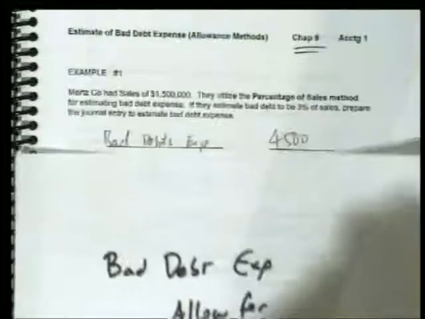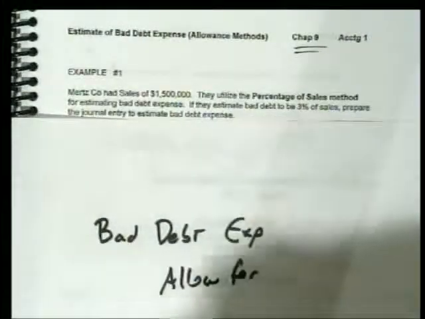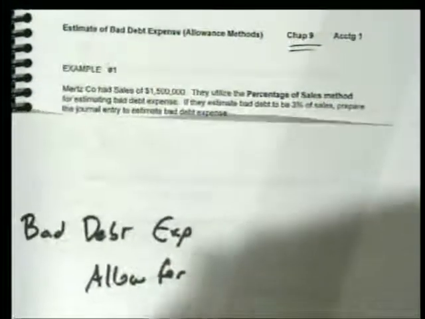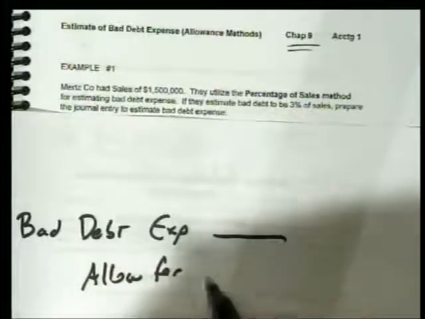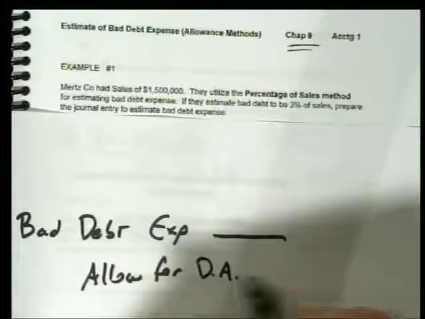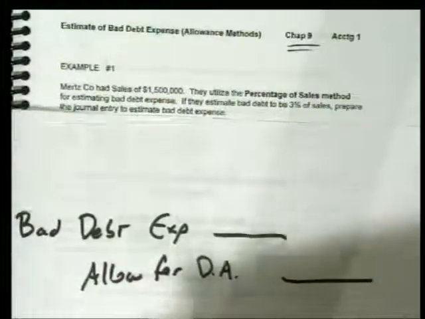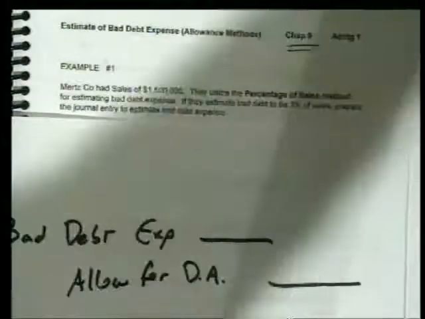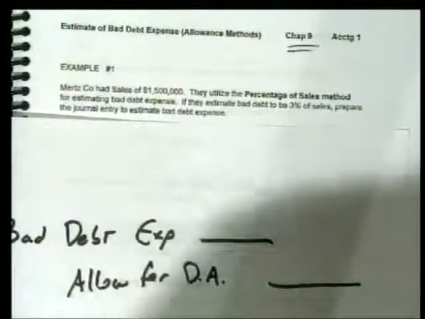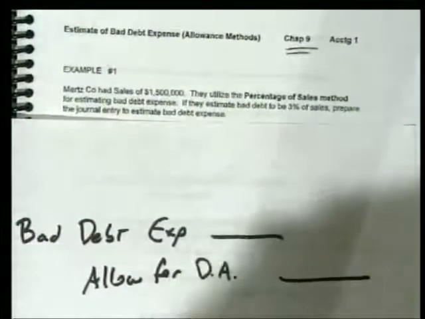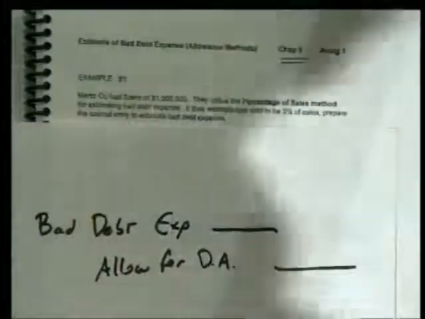Well, we know that the journal entry will be a debit to bad debt expense and a credit to allowance for doubtful accounts, right? By the way, what type of account is allowance for doubtful accounts? It's a credit, but what type of account? Contra asset.